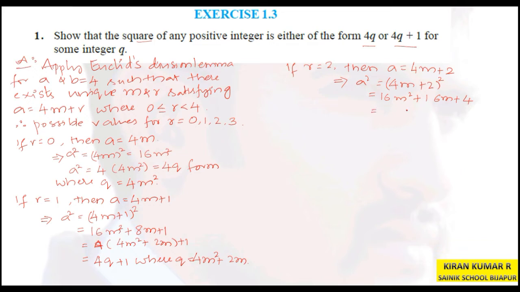Now in the three terms, 4 is common, so 4 times 4m square plus 4m plus 1, which is like 4q form, where q is equal to 4m square plus 4m plus 1.